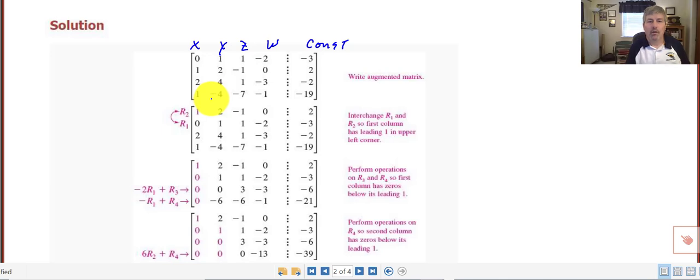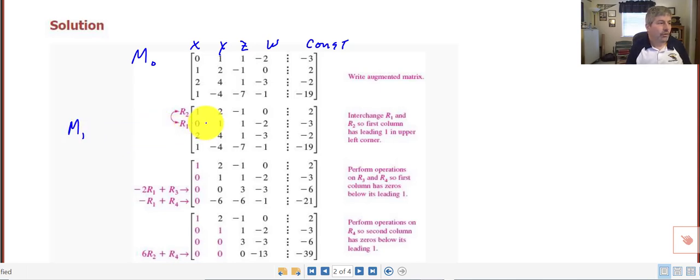So we've interchanged the first two rows here. Interchange R1 and R2 so that the first column has a leading 1 in the upper left-hand corner. This might be our original matrix M sub 0, and I'm going to call this second matrix M sub 1, where we've interchanged those.